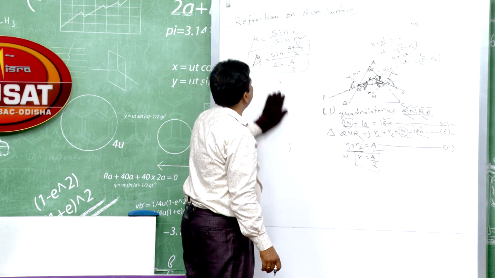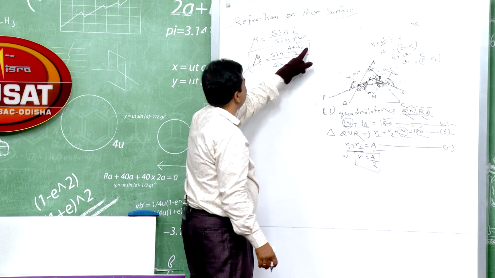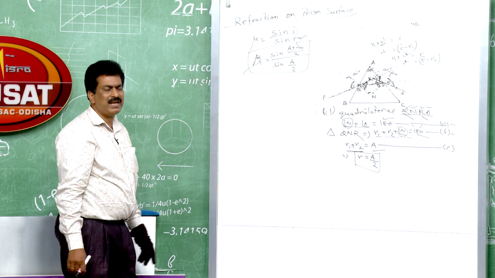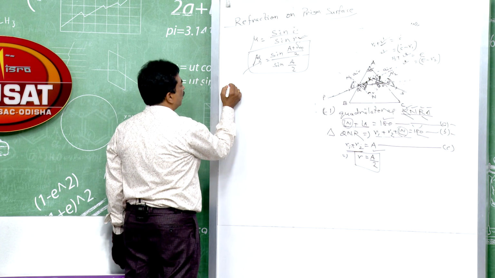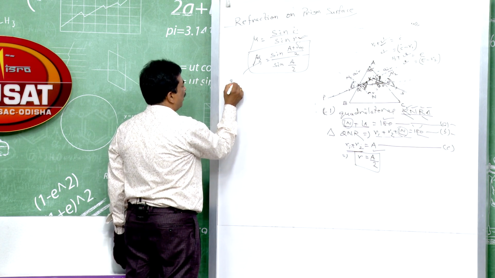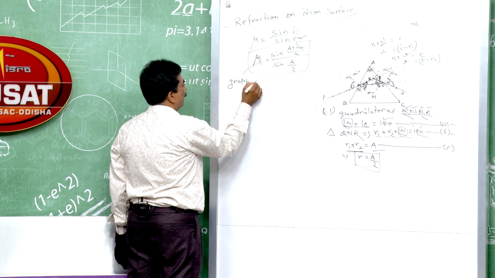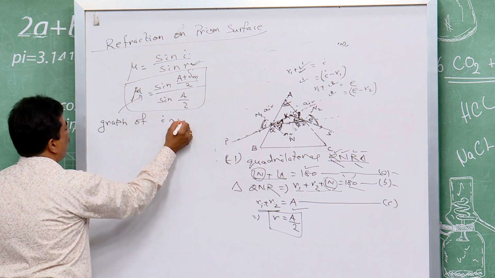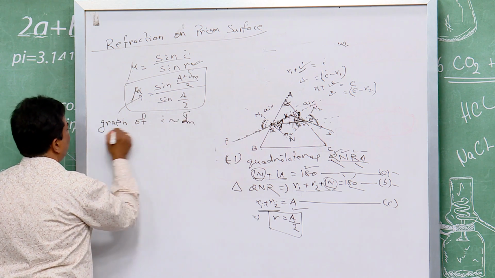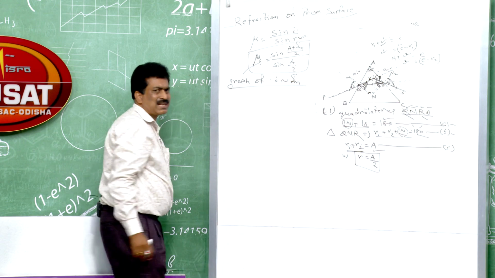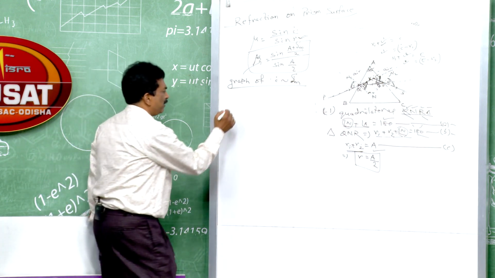So, mu is equals to sin of A plus del m by 2 by sin A by 2. In the practical also you know the graph of I versus del m, means angle of incidence and the angle of minimum deviation.